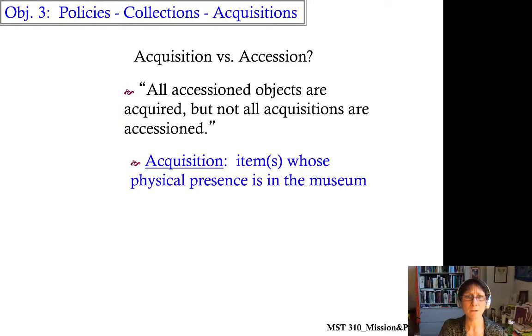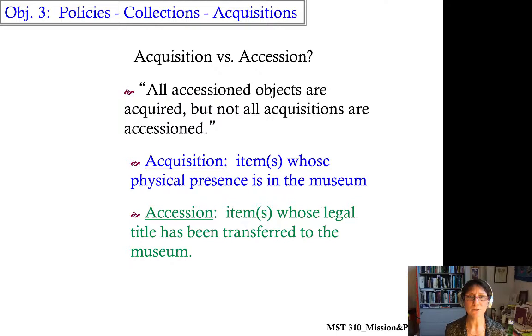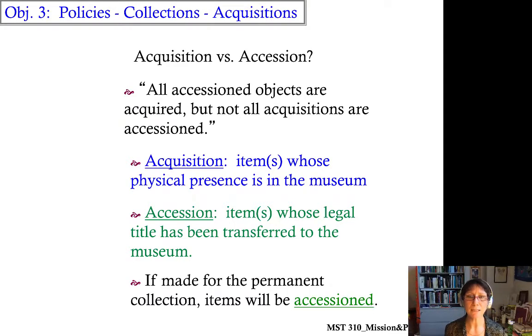An acquisition is defined here as items whose physical presence is in the museum, but you don't actually legally own them yet. When you decide to take legal title over those objects, then they are accessioned. Usually you do this for permanent collections that you're going to keep in perpetuity.